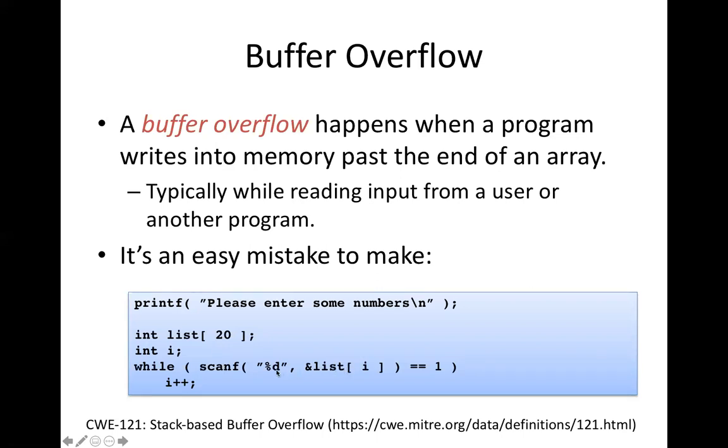So I'm going to read as many integers as you want to enter. But I don't have anything to keep it from writing past the 19th element. So if you keep typing in integers, it's going to write past the end of the last part of this array. And when it does that, who knows what element of memory it's going to start writing into.